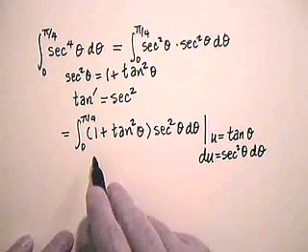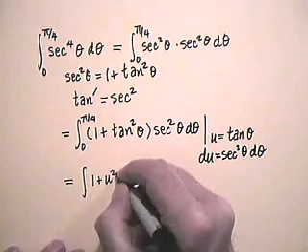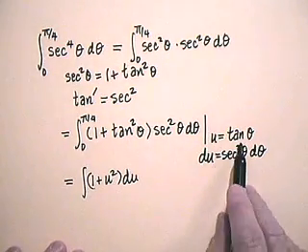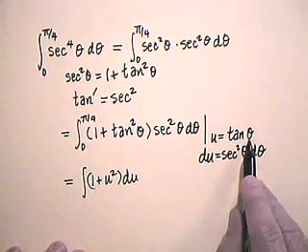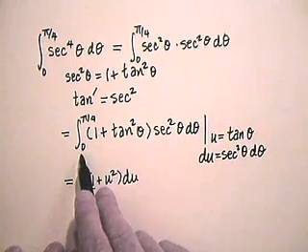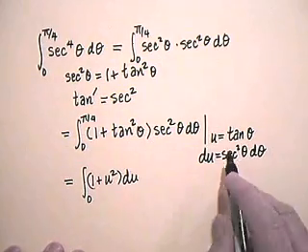And so consequently, I'll just have the integral of 1 plus u squared du. What are our limits? When theta is 0, tangent of 0 is 0, so u is 0.